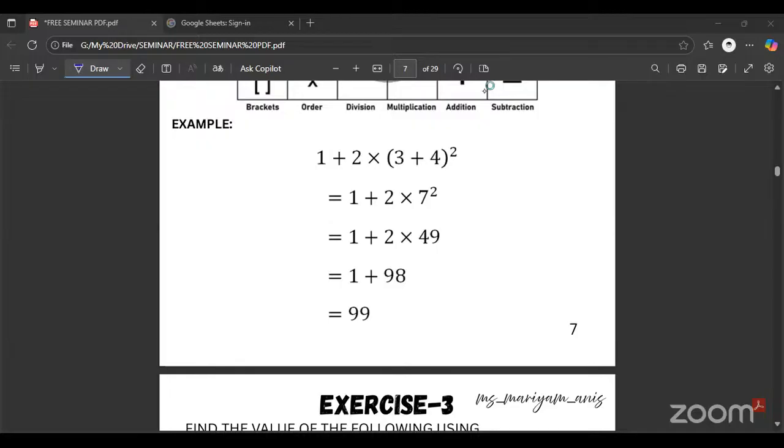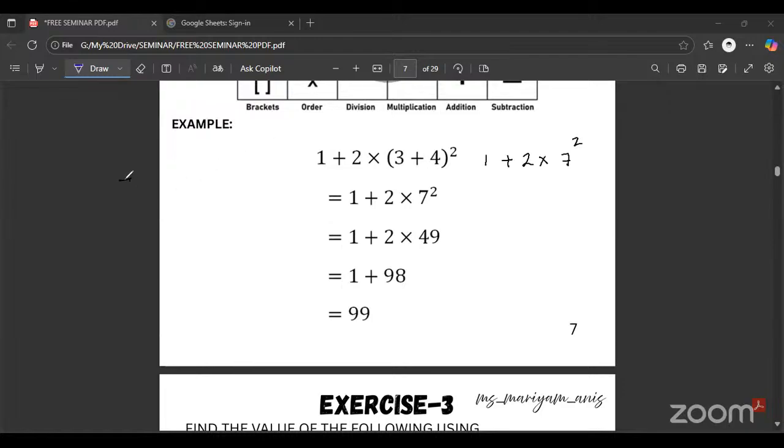Okay. So let's look at this. First of all, we have to solve the bracket. So here, 1 plus 2 into 3 plus 4 is 7. So it will be 7 to the power 2. Now just recap on the power index thing.